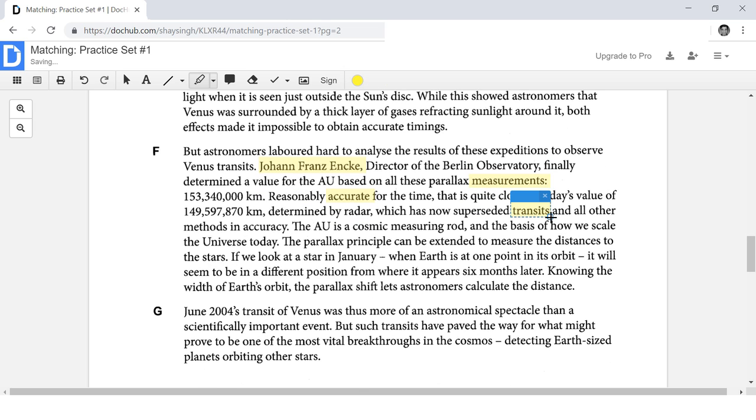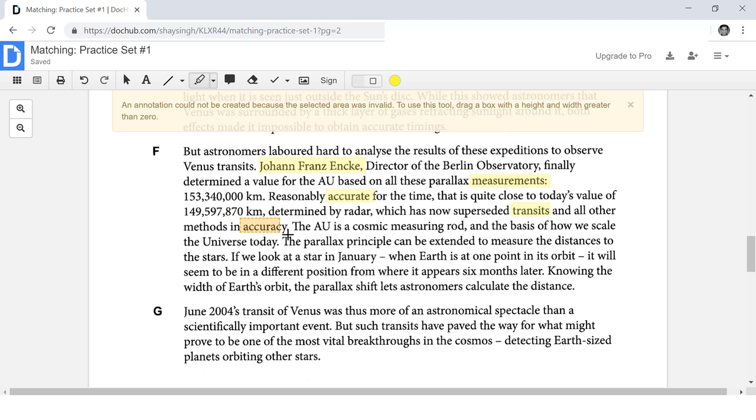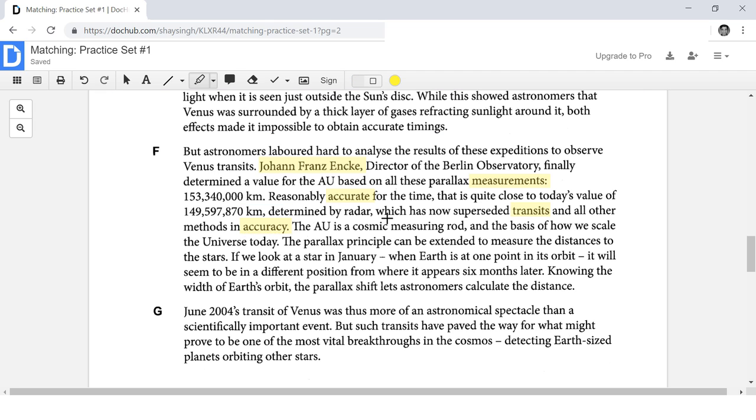Okay, there's transits, that's also related, accuracy. All right, more stuff about measuring, parallax principle, measure the distance to the stars. That's quite relevant. It's talking about distance to the stars, and let's see what else.